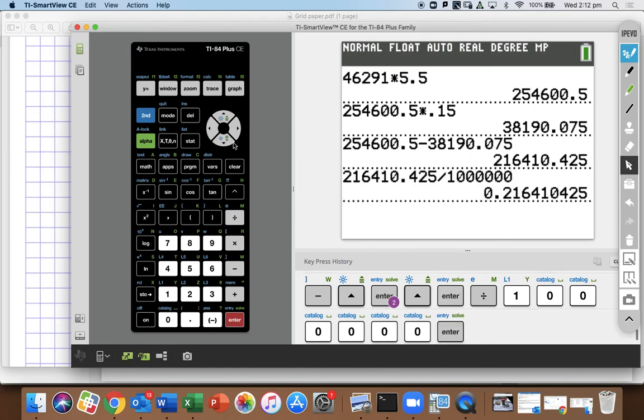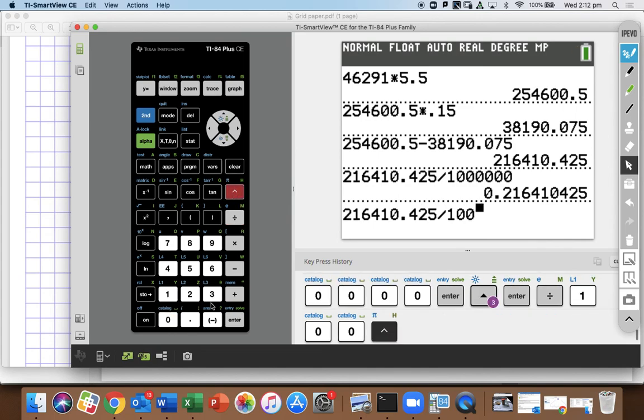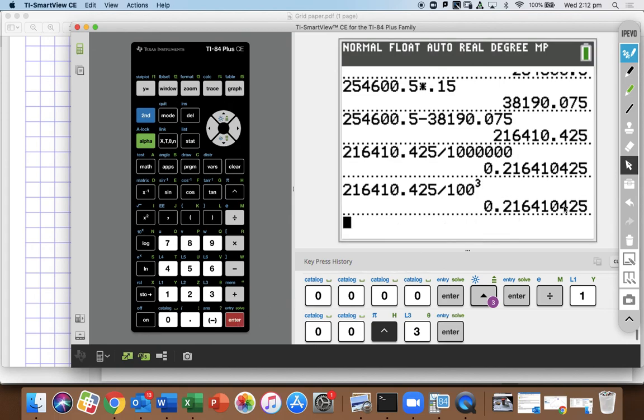Or you could have taken the answer and divided it by 100 cubed, because we're in 3 dimensions, cubic. And this is our final answer here. 0.216 cubic meters. Okay, thanks.